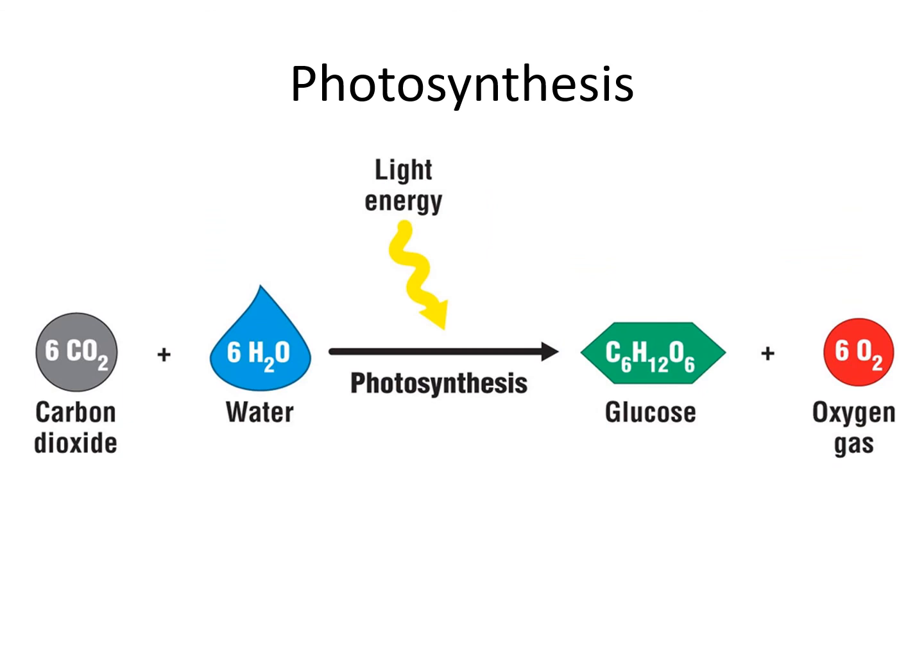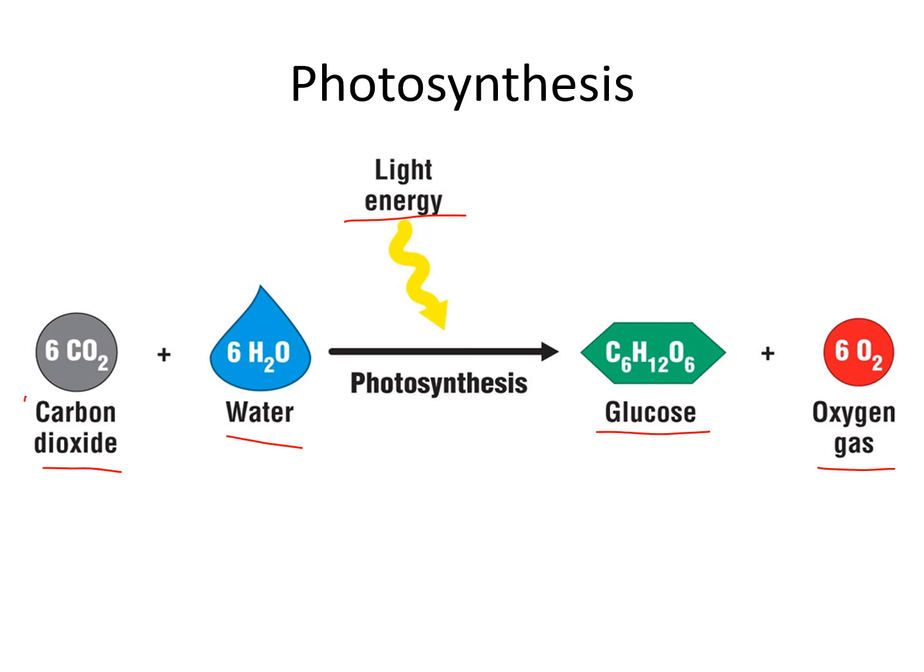As a review, the overall equation for photosynthesis is that you begin with the reactants, carbon dioxide and water. Then, using light energy, the carbon dioxide can be fixed into an organic molecule called glucose, and oxygen gas is released as a waste product. Understanding the overall reaction will enable you to determine if photosynthesis is occurring.